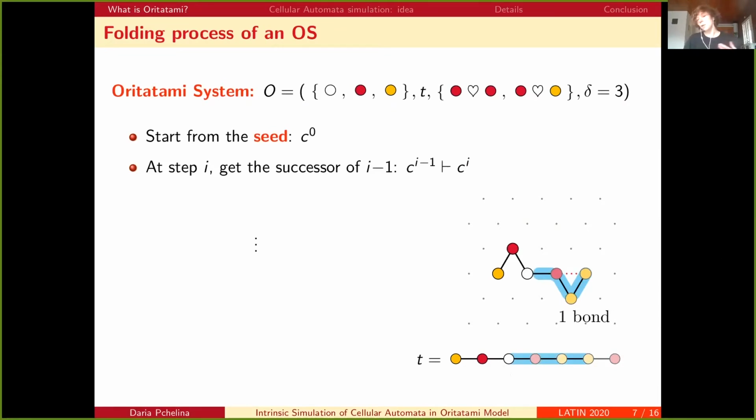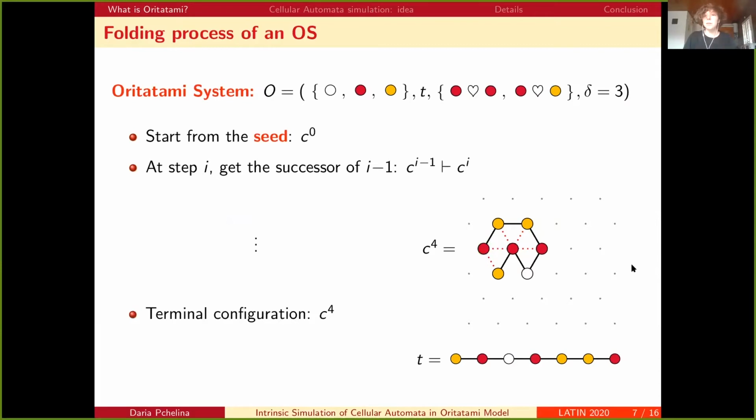For this, we consider all the delta-elongations, choose the ones that maximize the number of bonds, like here it's only this one, and we fix the first nascent bit, and we get C1. And with the same actions, we get C2, C3, C4, and now we have no more bits. The transcript is over. So this is the last configuration, and this is called the terminal configuration.